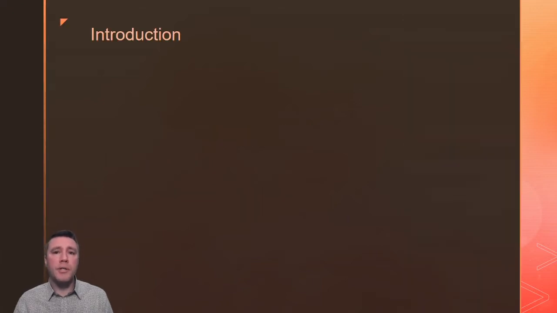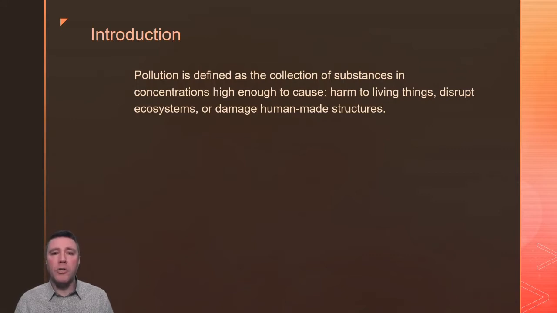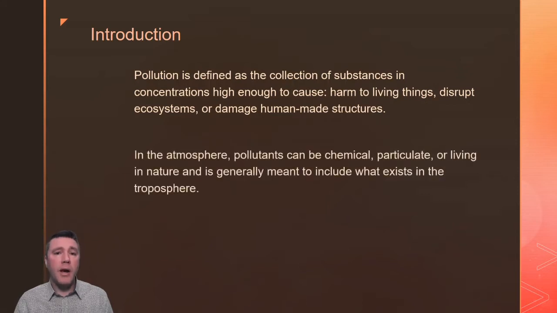Air pollution is defined as the substances present in the atmosphere that, when concentrations are high enough, have the potential to harm living things, affect the way that ecosystems function, or damage human-made structures such as buildings, bridges, and roads. Air pollutants can come in the form of chemical compounds, particulate matter like dust or smoke, or even living things like mold.